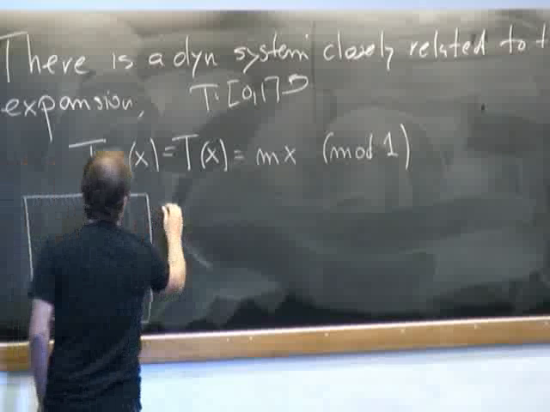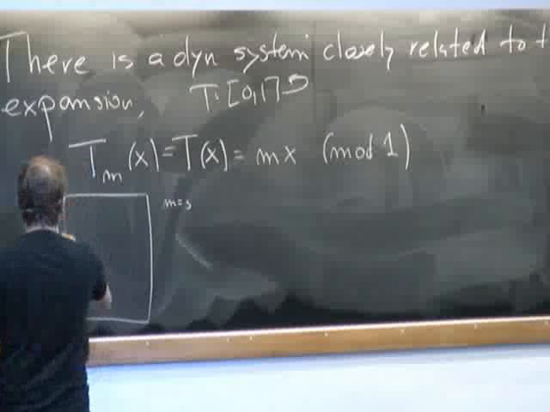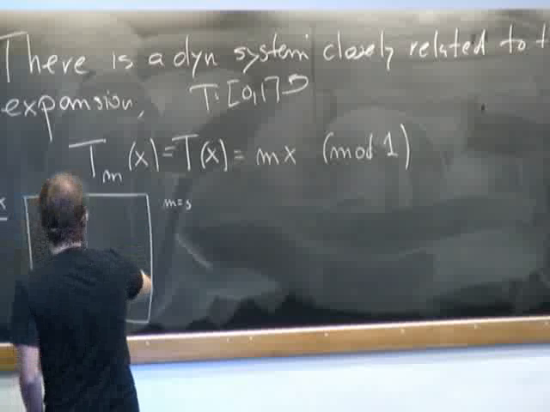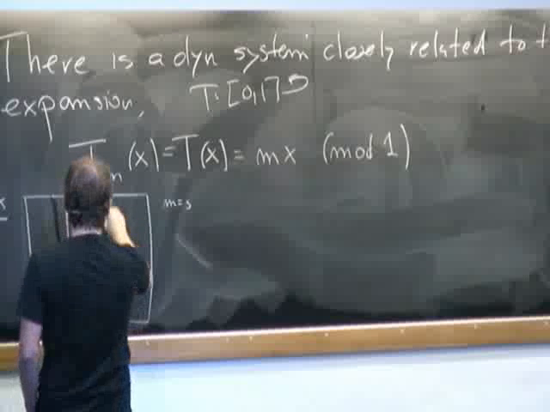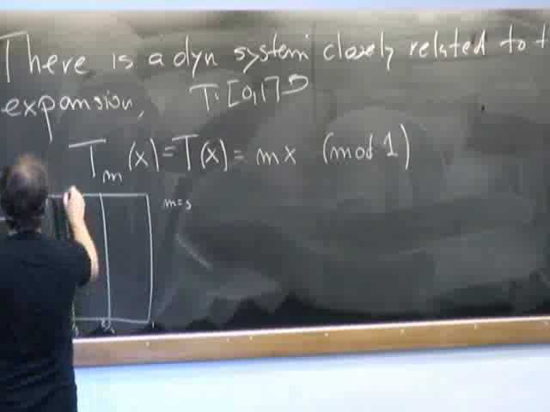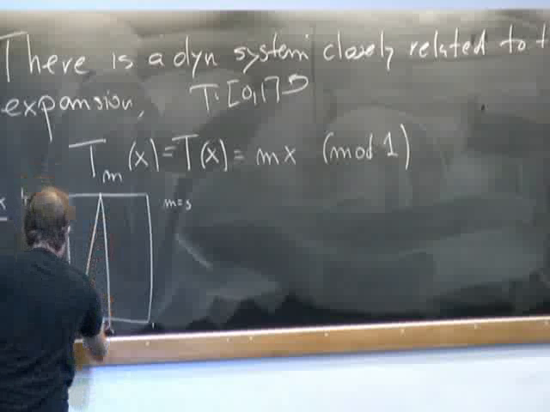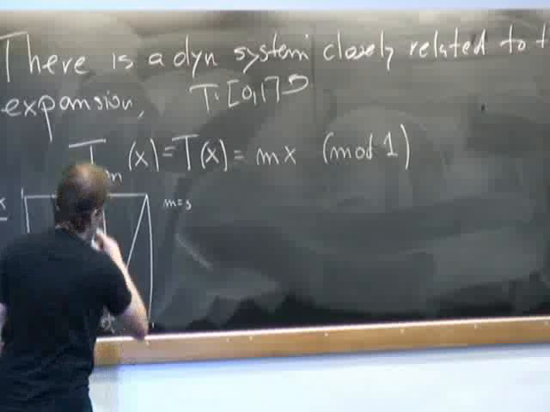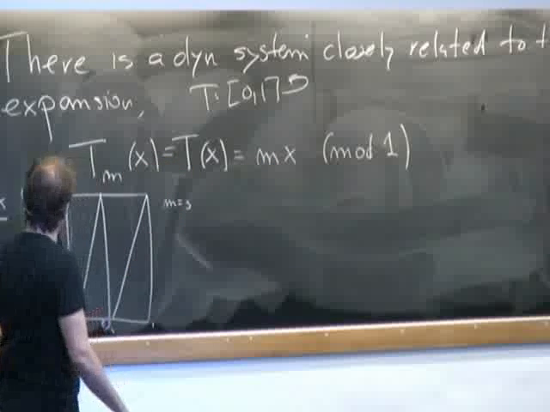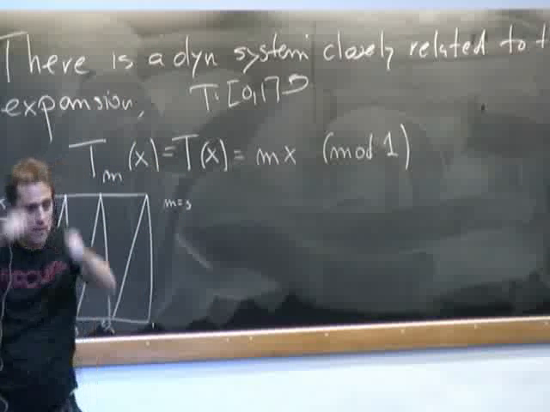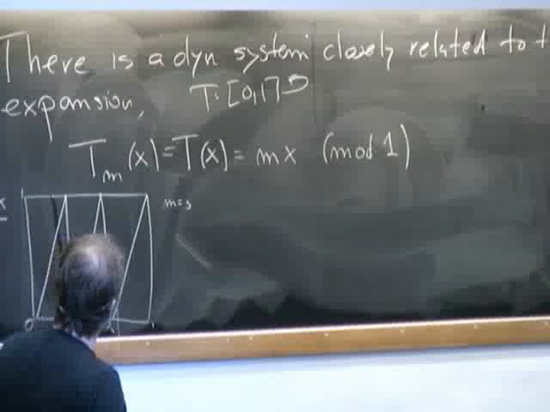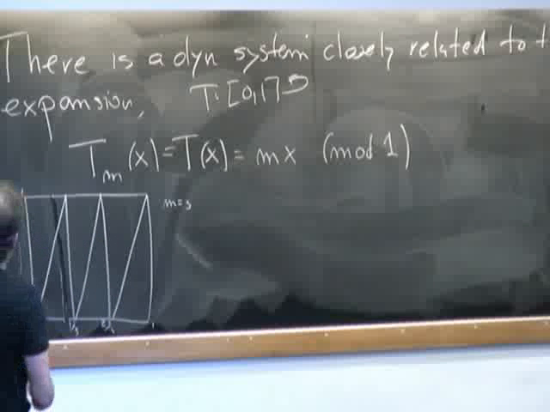I'm going to draw it for M equal to 3. The way you draw these things is always the same. You just draw mx, a line that goes like that, and then you cut it off with the integer parts. So it's a nice cookie-cutter map, full branched.